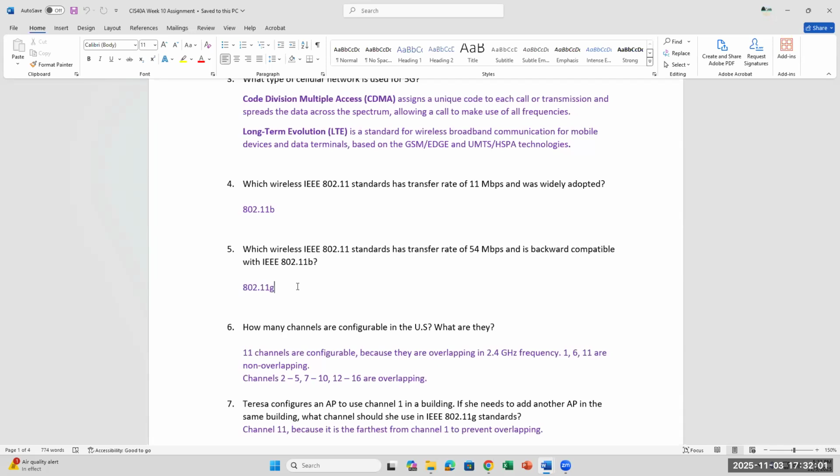And then how fast is the AC? 1 gigabit per second at 5G. So certification will ask you those type of questions. Which one has backward compatibility, right? Because in IT, we care about that. We care about when we're upgrading our router, will our device connect to the router, because does it have backward compatibility?